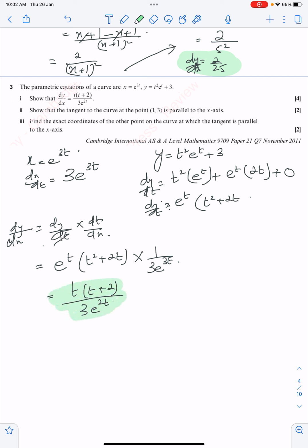In the second part of the question, it says show that the tangent to the curve at the point (1, 3) is parallel to the x-axis. Okay, let's find out the gradient of the tangent at (1, 3).